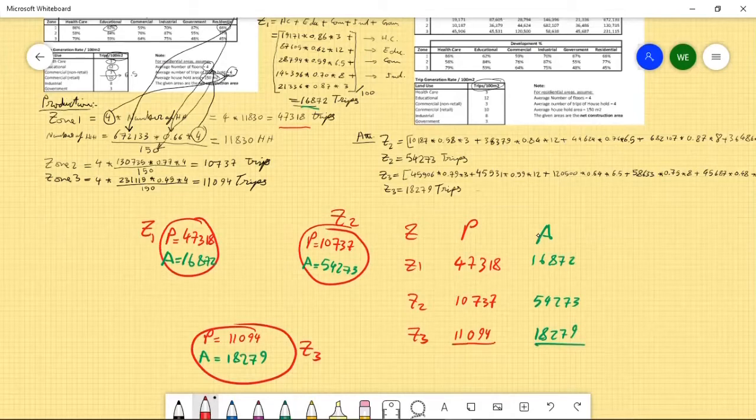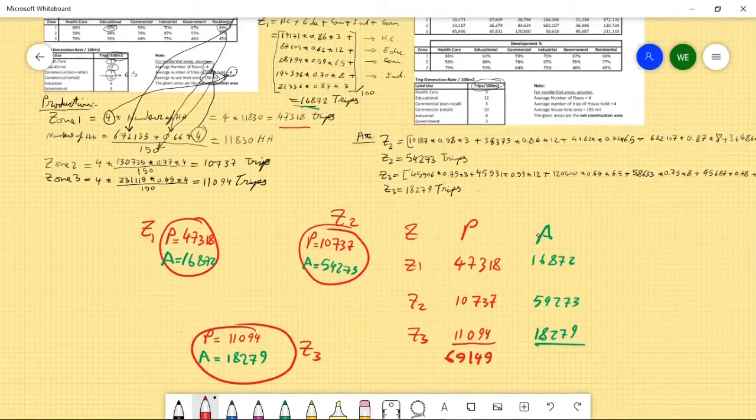Can someone just do the summation? So here we will have 69,149 trips. That's the production.